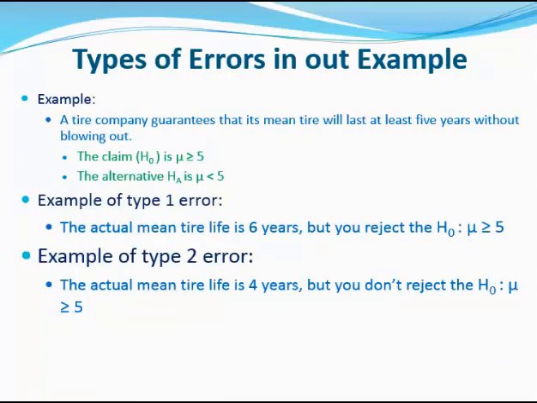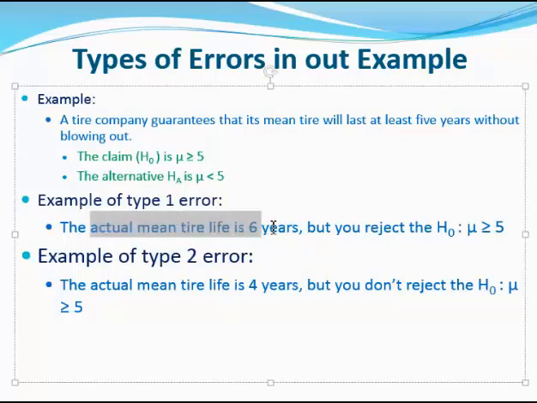Okay, so here are some examples over here. A tire company guarantees that its mean tire will last at least 5 years, as we discussed before. The null hypothesis, which is the claim, is that the mean is greater than 5. The alternative hypothesis, the HA, is where the mean is less than 5. An example of a type 1 error, in other words, a false positive, is where the actual mean of the tire is 6 years, which means our statement was really correct, and yet we rejected the null hypothesis.